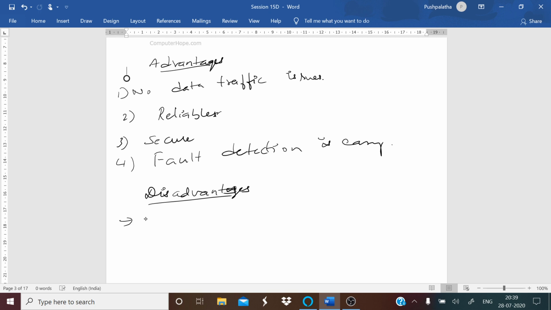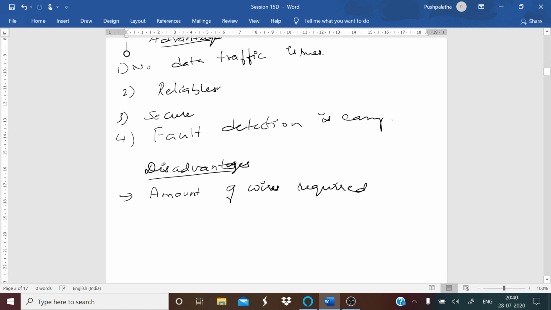And in the same way you have the disadvantages also. So what are the disadvantages? That is, the amount of wires required to connect each and every system is a headache, because from one to each and every system, if there are more number of computers, the wires are more. And since each device needs to be connected to the other devices, the number of IO ports required is huge.